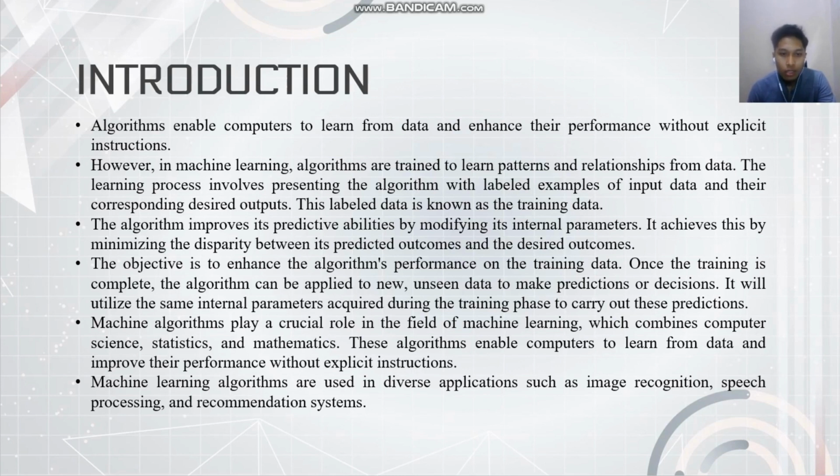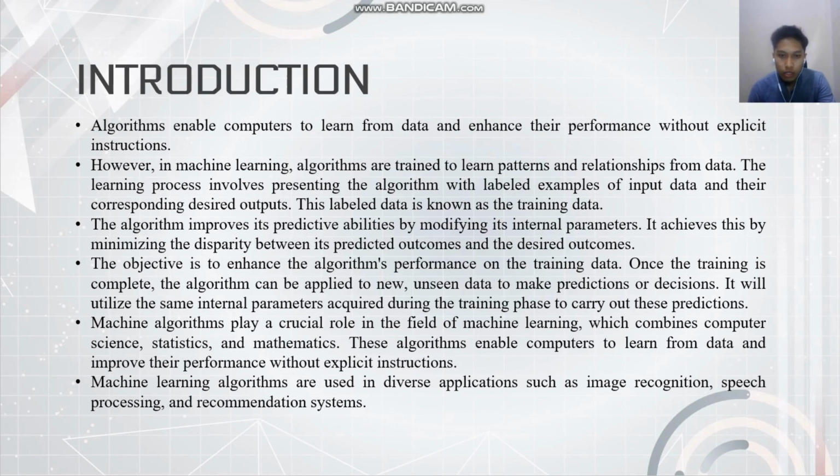This labeled data is known as the training data. The algorithm improves its predictive ability by modifying its internal parameters. It achieves this by minimizing the disparity between its predicted outcome and the desired outcome. The objective is to enhance the algorithm's performance on the training data.